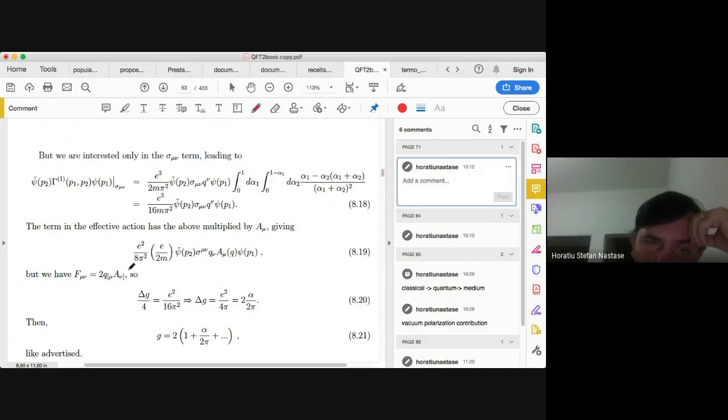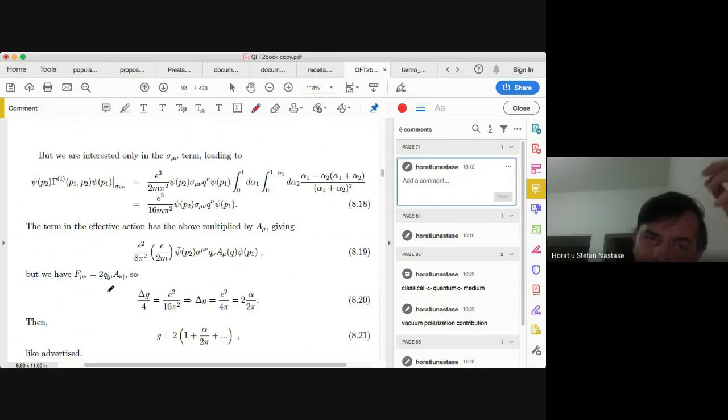Now, note that q nu A mu is antisymmetrized because sigma mu nu is antisymmetrized. So that means that we obtain also F mu nu as we should, because F mu nu in momentum space is 2 q mu A nu antisymmetrized.